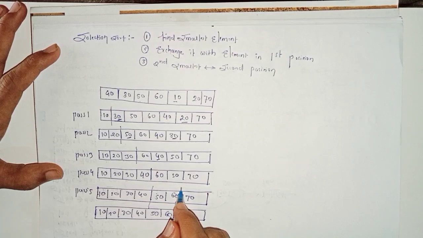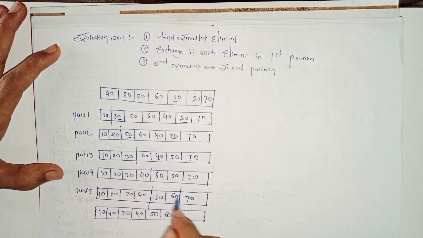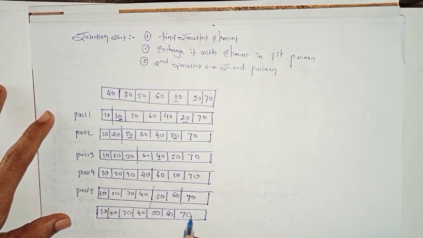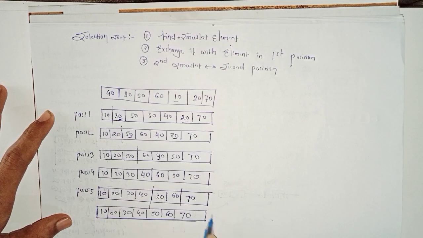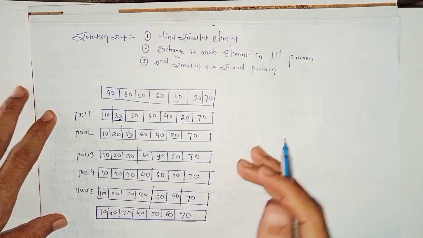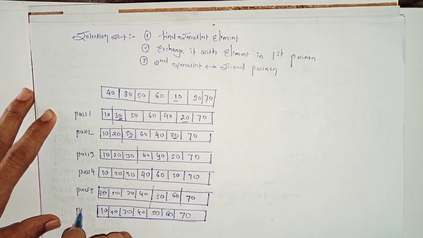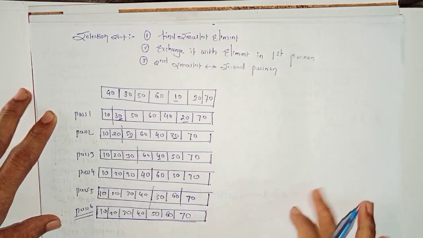So right here we have sorted up to this point. The last element we do not have to sort; it is already in sorted form. Once we see the programming and I show the code, it will be more clear. So this will be pass 6.